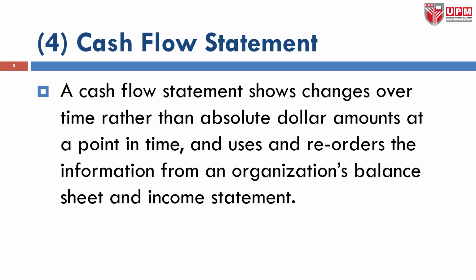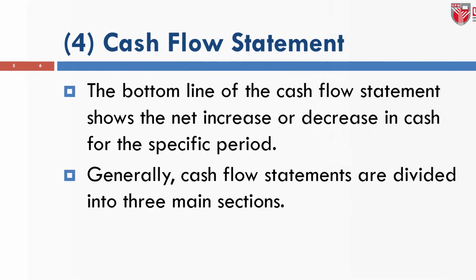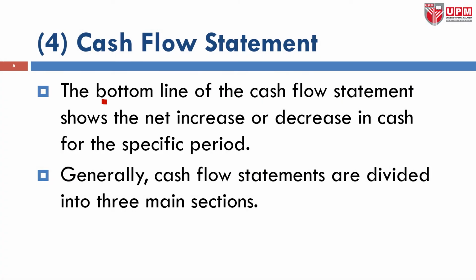A cash flow statement shows changes over time rather than absolute dollar amounts at a point in time, and uses and reorders the information from an organization's balance sheet and income statement. The bottom line of the cash flow statement shows the net increase or decrease in cash for the specific period.